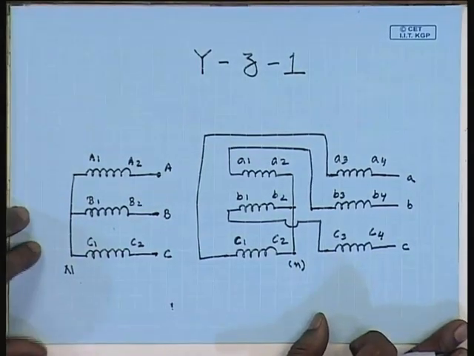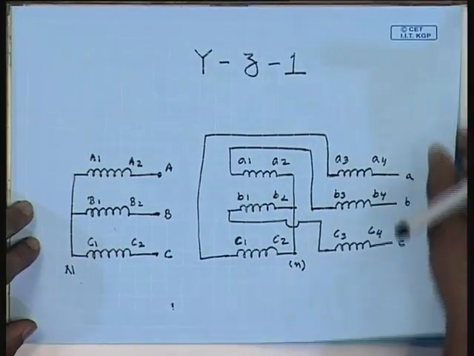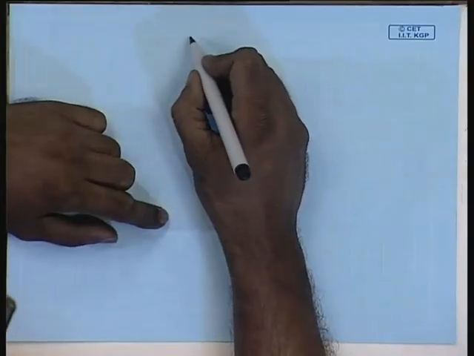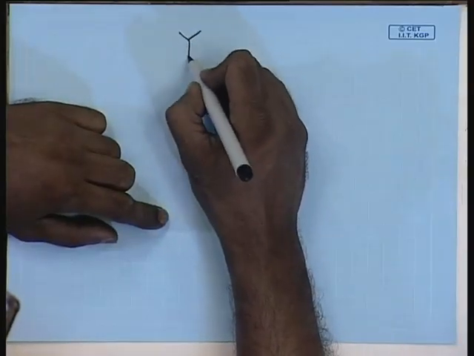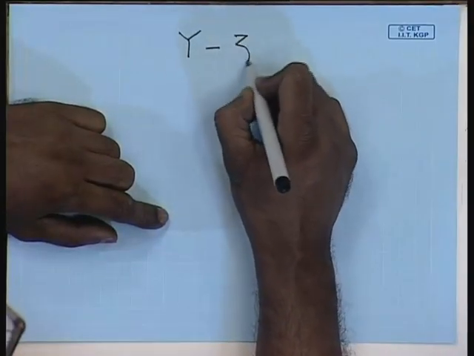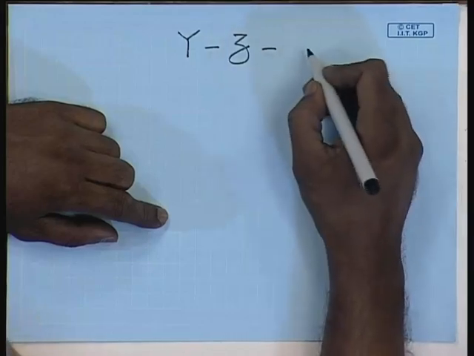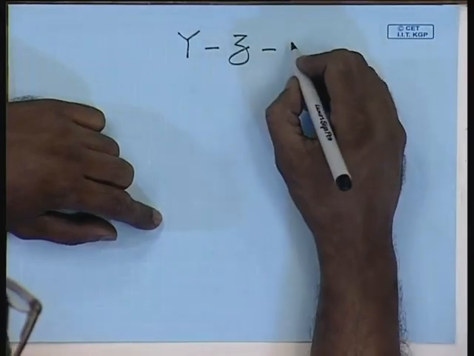So, the last connection that we will see will be the YZ11 connection, since YZ 0 or 6 is not possible.